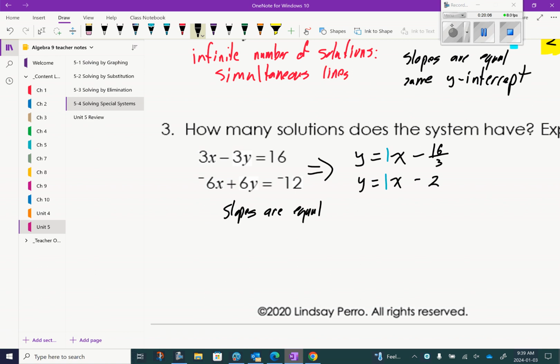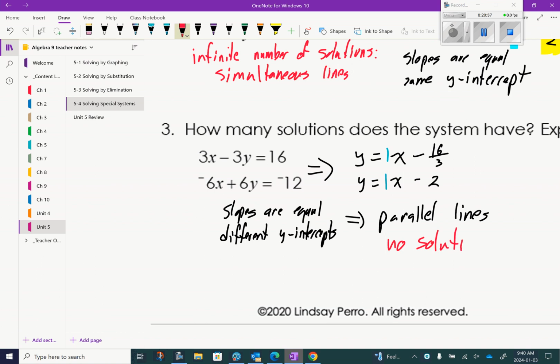But then our value here for B is not the same. These lines are parallel. There is no solution because there is no point of intersection.